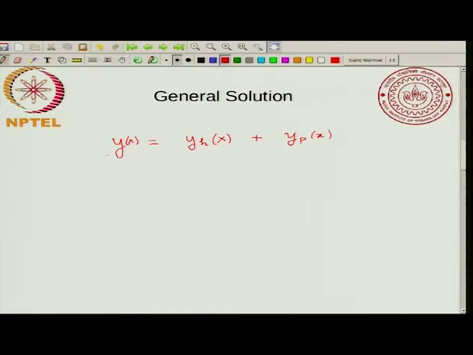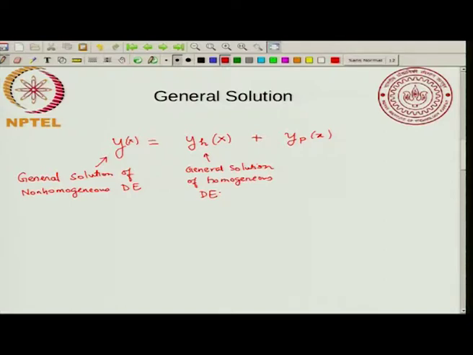So, y is a general solution of the non-homogeneous differential equation, y h is the general solution of the homogeneous differential equation, and y p is any particular solution of the non-homogeneous equation.